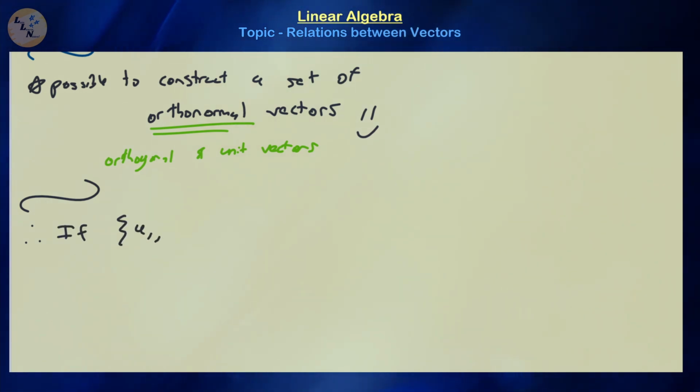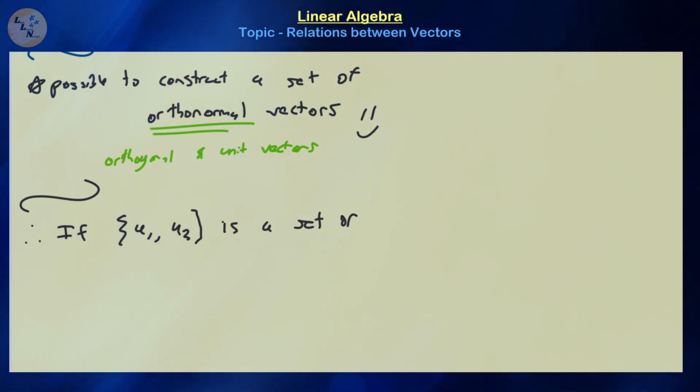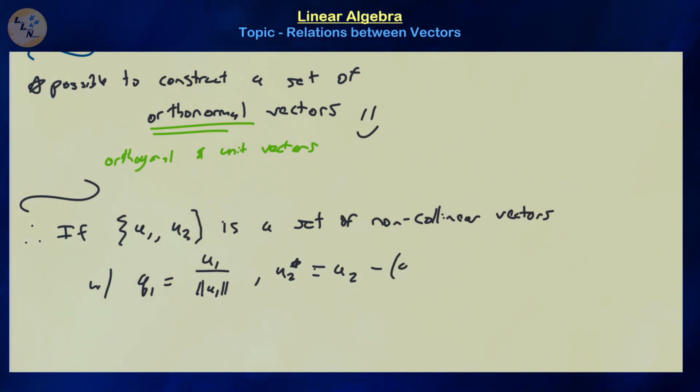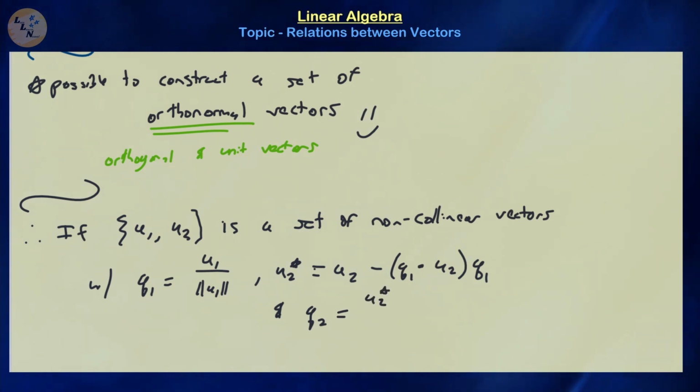So if u1 and u2 is a set of non-collinear vectors, and when I say non-collinear, I mean that they are not in the same exact direction, with q1 equal to u1 divided by the norm of u1, and u2 star equal to u2 minus q1 dot u2 times q1, and let's define q2 to be equal to u2 star divided by the norm of u2 star.